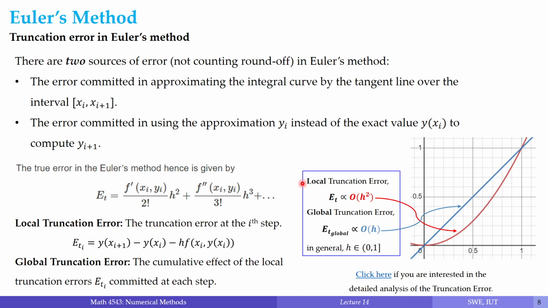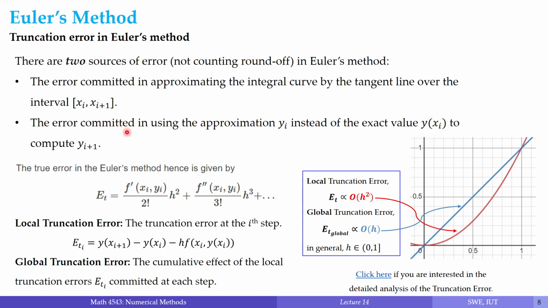So the two sources of errors: the first is the error that we face while approximating the integral curve by the tangent line, or the slope line. We'll just note the two sources of error for now. I'll try to make you visualize this in the bamboo paper in just a bit. And the second source of error is the accumulated error.